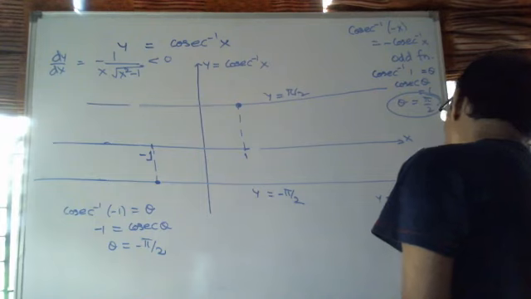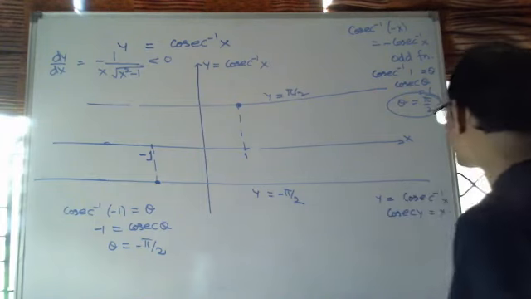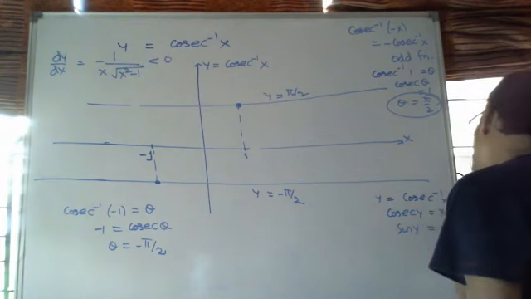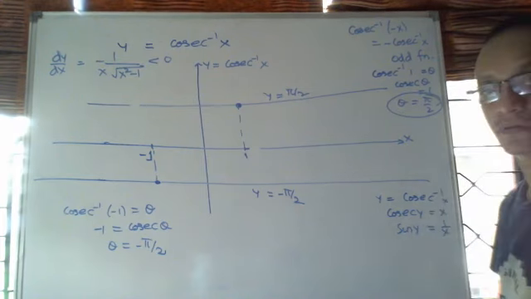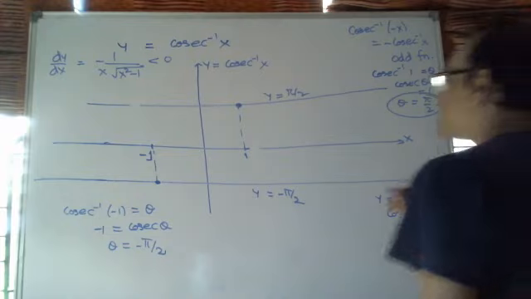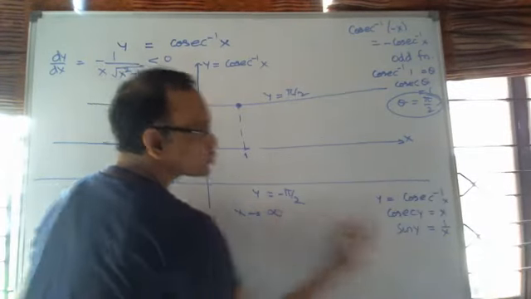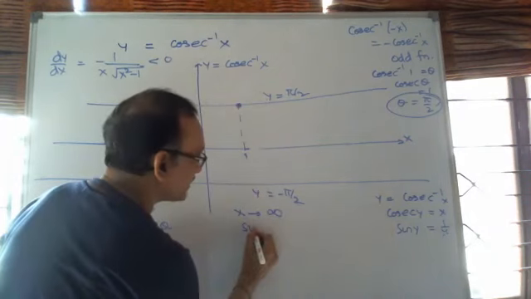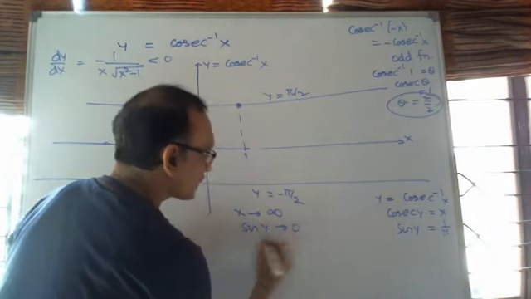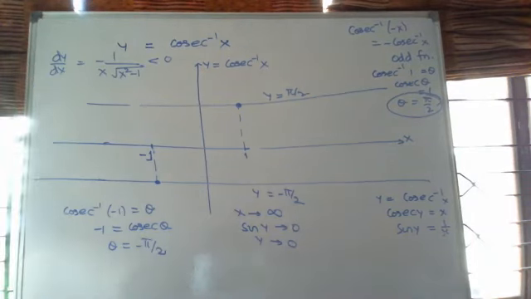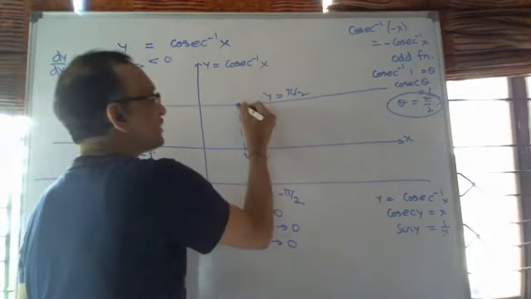Cosec y is x, or sin y is 1/x. Now look, as x tends to plus infinity, sin y tends to 0 and y tends to 0. So it is decreasing: as x tends to infinity, y tends to 0.